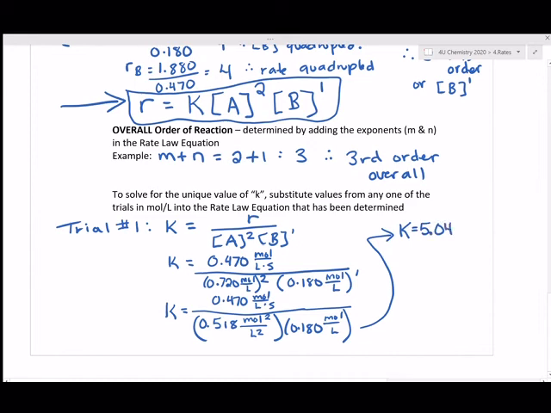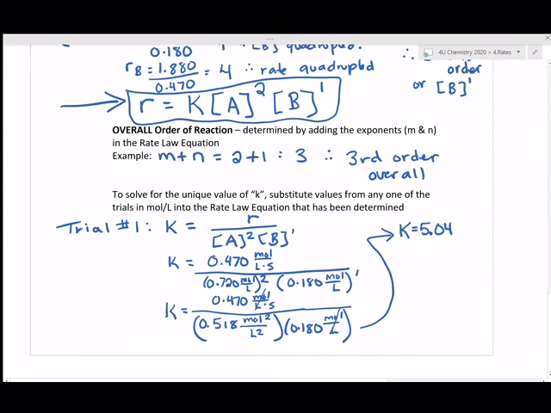But let's look at what happens with the units. So we've got moles per liter times seconds, and then a moles per liter here. So that whole mole per liter and that whole mole per liter can cancel out. So then we're left with a 1 over seconds over top of mole squared, liter squared.